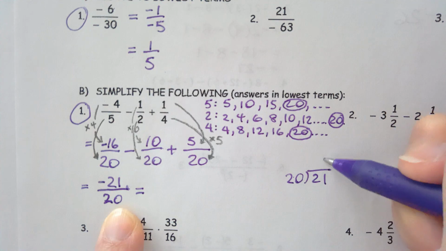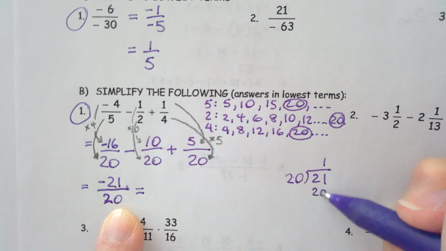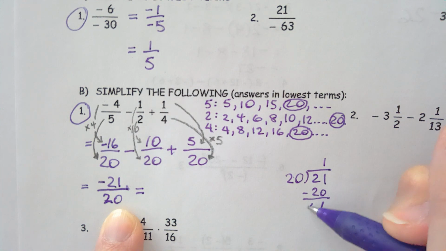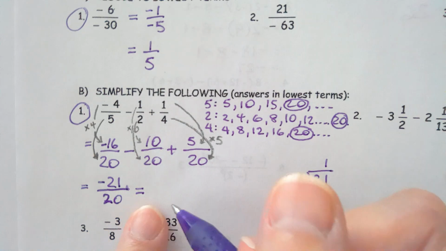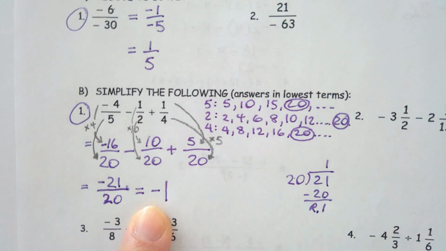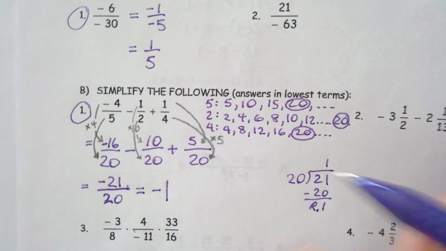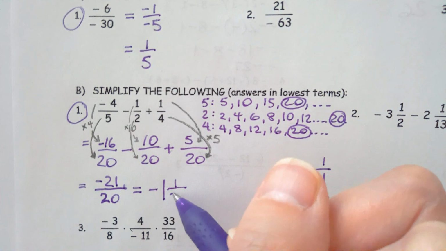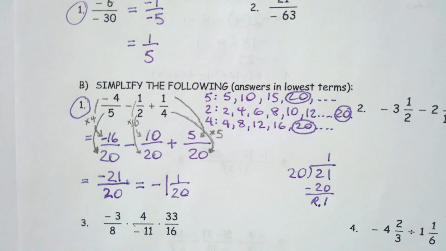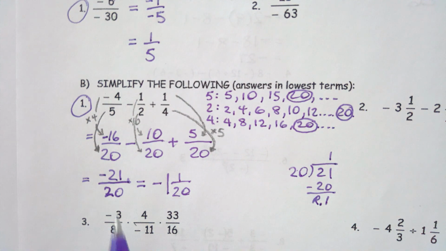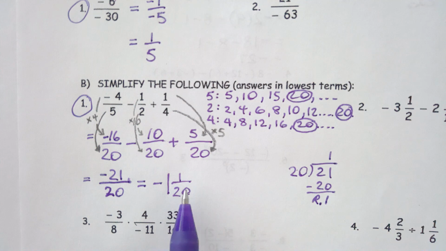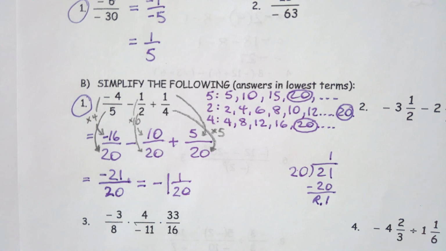So 20 goes into 21 one time with a remainder of 1. So my final answer here, if I were to rewrite it, negative 1 whole, and then remainder 1 over 20. Okay, so this is called the improper fraction, and this is called the mixed number fraction.